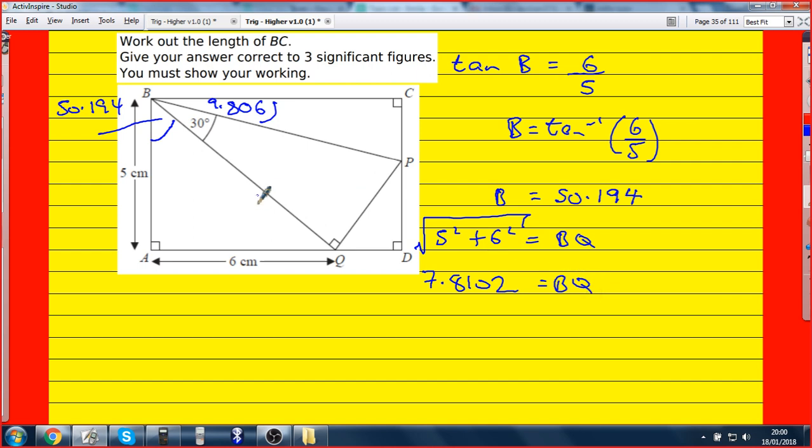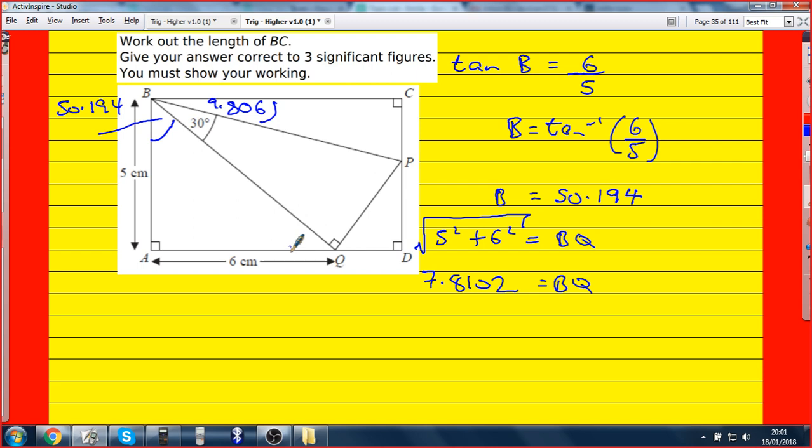Okay, so then you have that, but then what do you do? We can do something similar again to try to get that line. What do we want to find?